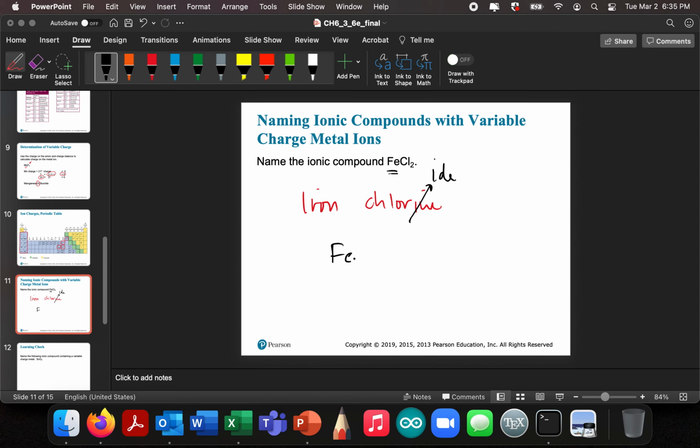I'm going to take my FeCl2 and make some notes here. This is always -1, right? But there's 2 of them, so it's going to be -2 total, and it's got to balance out. So whatever iron is, it's got to balance out with a -2 to give 0. Aha, it's +2. And so the name of this is iron 2 chloride.